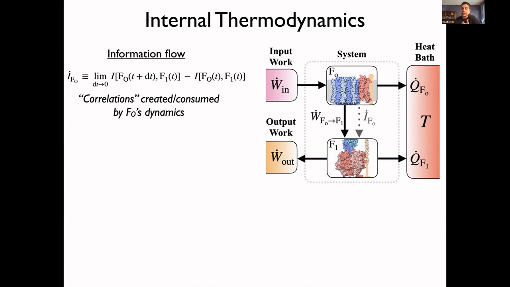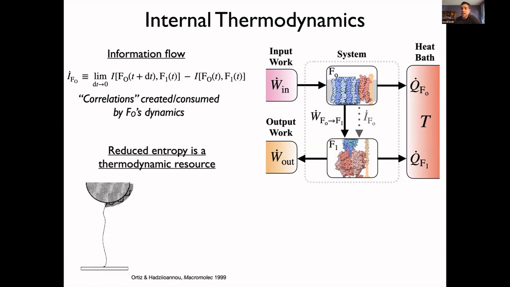And this mutual information between the two is a thermodynamic resource. So in the same way that in a single dimension, reduced entropy is a thermodynamic resource, and the most visceral way that I think of this is I've got a biopolymer, for example, DNA. It's attached on one side to a surface, on another side to a bead that, for example, with an optical trap, I can manipulate. I can stretch this polymer. The polymer isn't energetically unhappy.